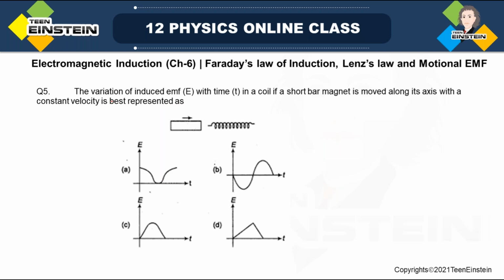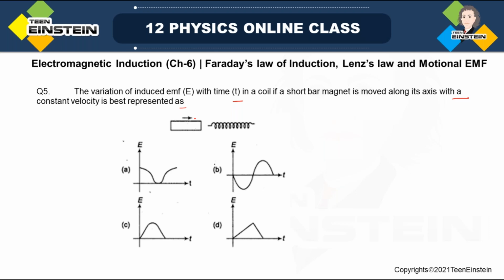The problem says that the variation of induced EMF with time in a coil, if a short bar magnet is moved along its axis with a constant velocity, is best represented as. So what is the question?